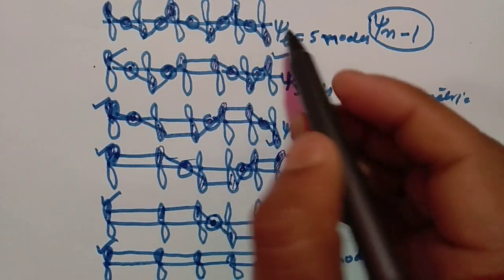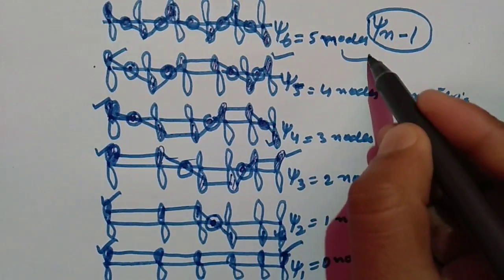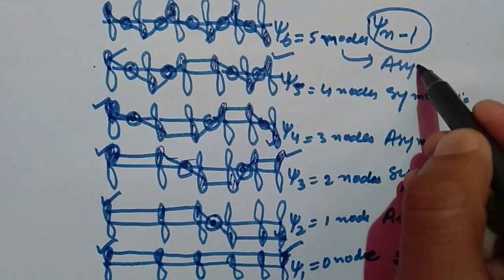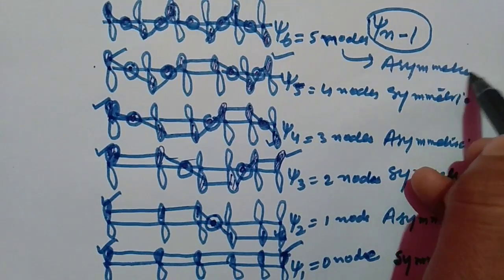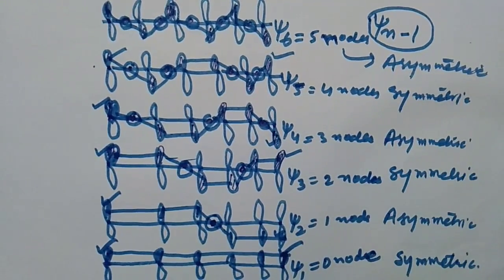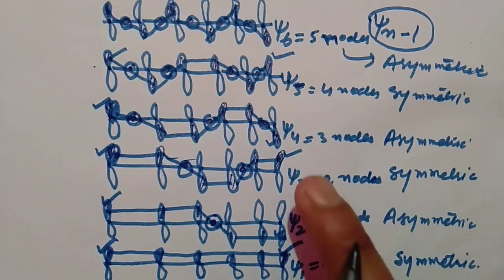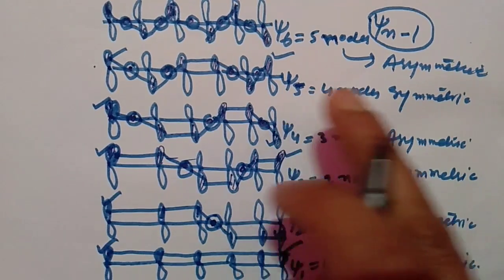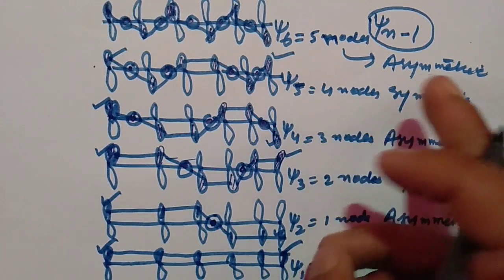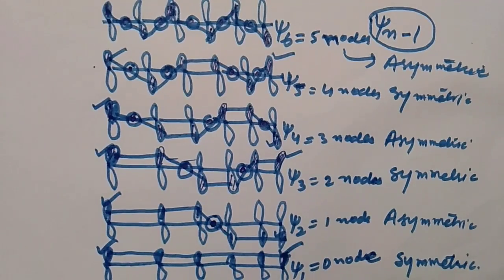Last two lobes have different sign, so asymmetric. Psi 1 is symmetric, psi 2 is asymmetric, psi 3 is symmetric, psi 4 is asymmetric, psi 5 is symmetric, and psi 6 is asymmetric.